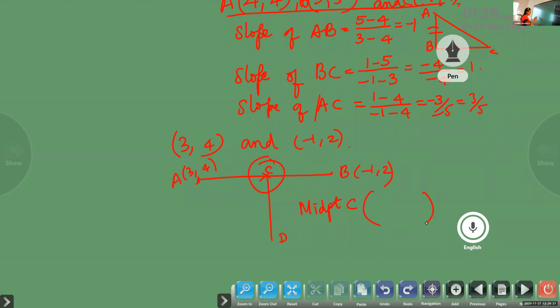Then find the slope of AB. From there you can find the slope of the perpendicular line. Once you get the point and the perpendicular slope, you can find the equation of the right bisector. Bisector means it passes through the midpoint, so first find the midpoint.